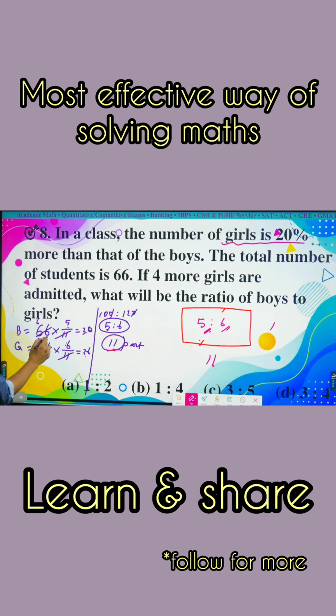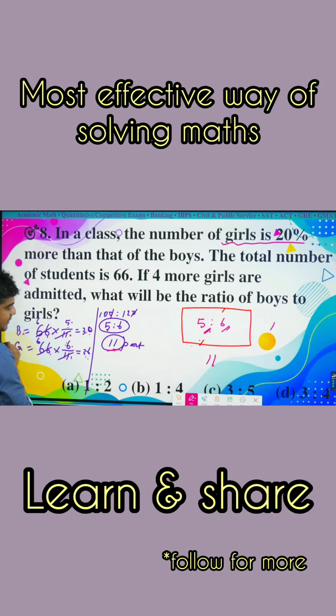Out of 66 students, boys is 5 part of 11. Out of 11 part, 5 part is boys. That means 30. Similarly, total students 66, total part 11 part. Out of 11 part, 6 part is girls.